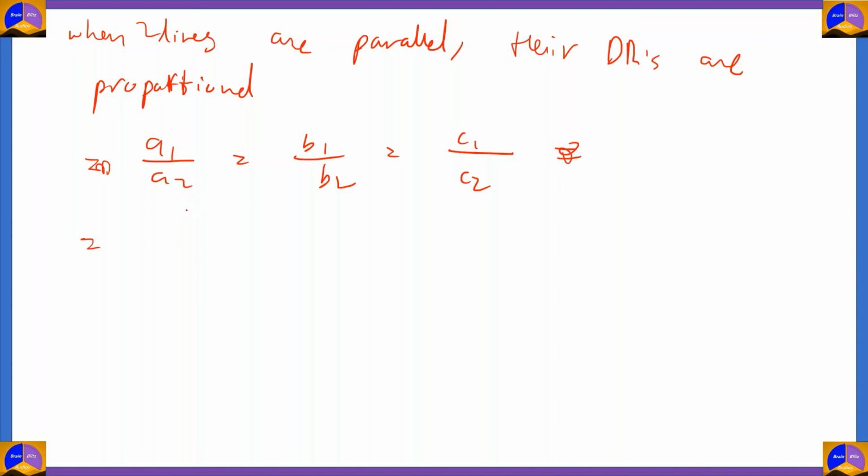So let's plug in a, b, c as the direction ratios of the line.